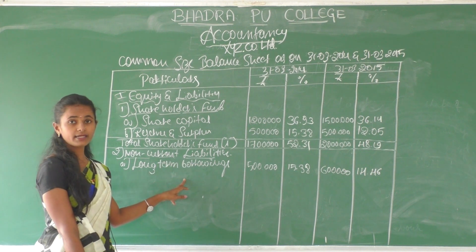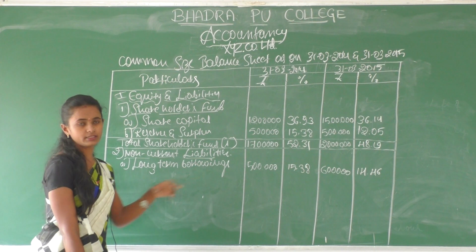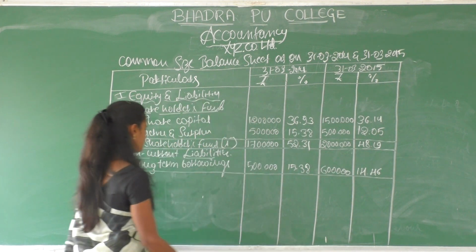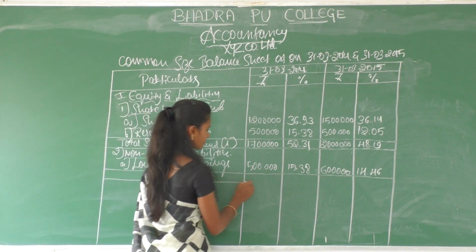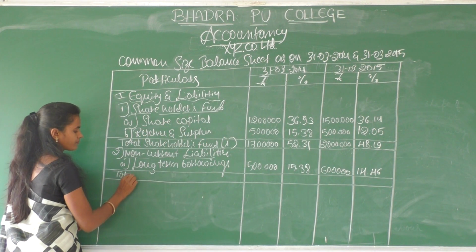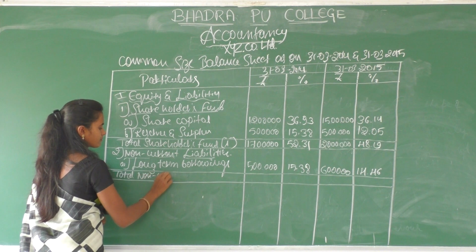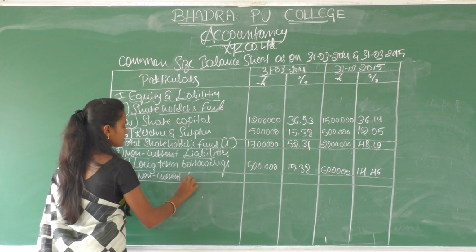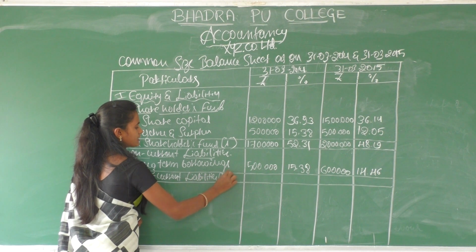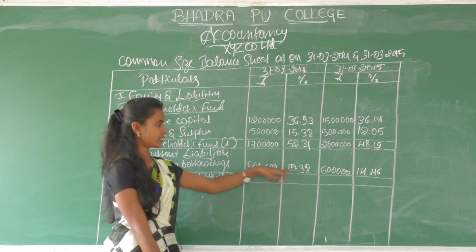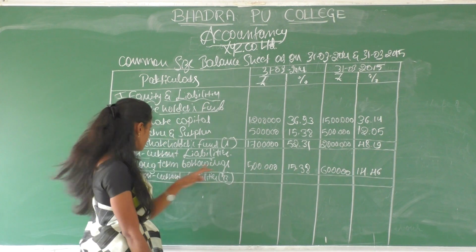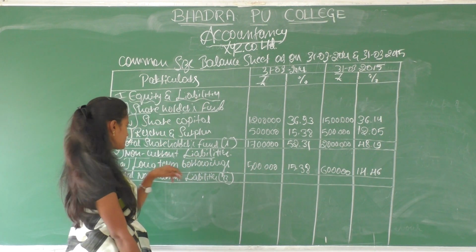Now we will get our total non-current liabilities. So again I am taking here total non-current liabilities, and it is considered as B. Again we will get the same amount and same percentage because we have only one item under non-current liabilities, long-term borrowings.